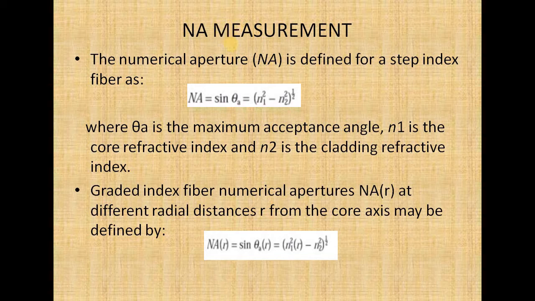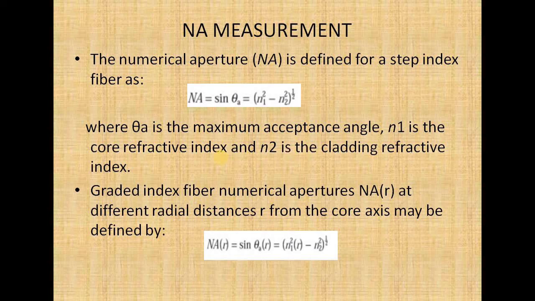The numerical aperture for a step index fiber is given by NA equals sin theta A, where theta A is the maximum acceptance angle. That is the angle at which the photodetector detects the maximum signal power, measured as the acceptance angle. n1 is the core refractive index and n2 is the cladding refractive index.